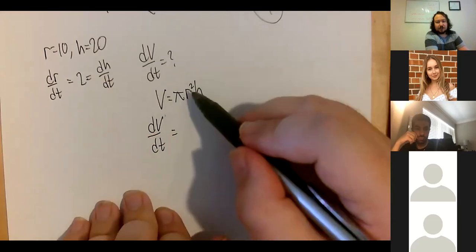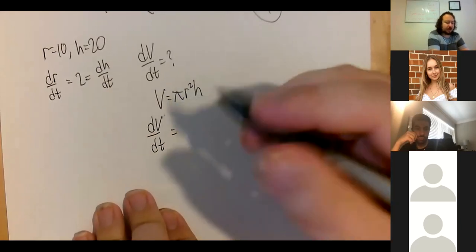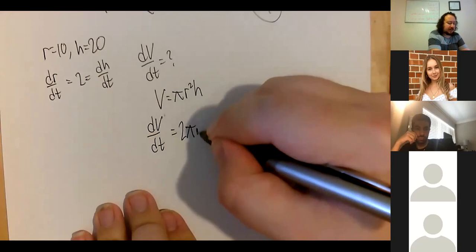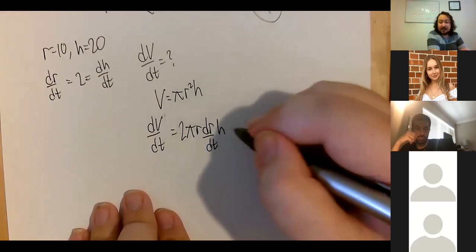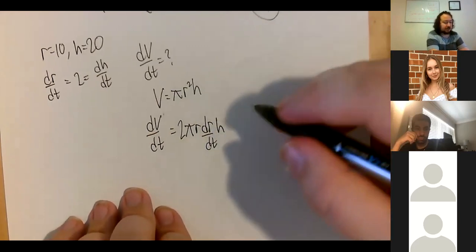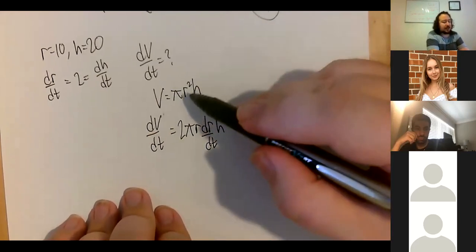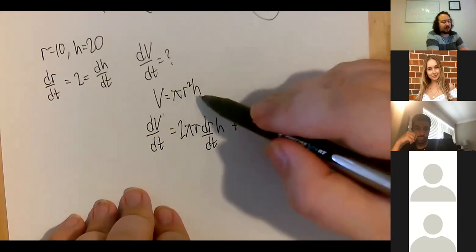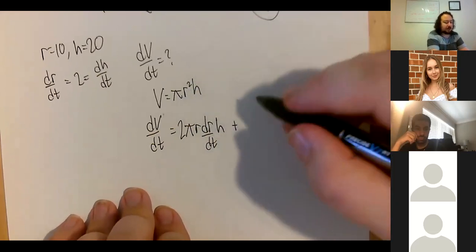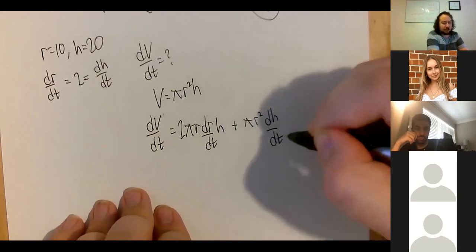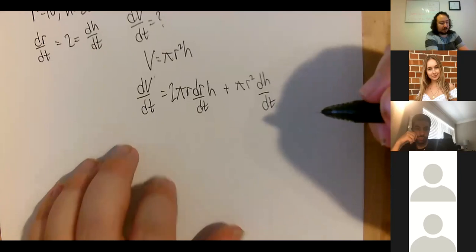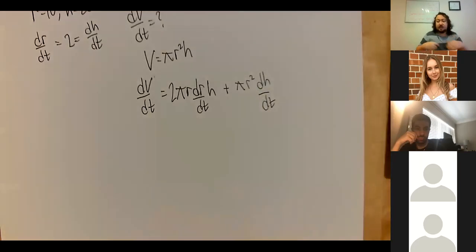I take the derivative of r squared, giving me 2 pi r dr/dt, and I leave the h alone. Next, I take the derivative of h and leave the r squared alone, so I have pi r squared dh/dt. There are our derivatives, and we needed to use the product rule and implicit differentiation to do this.